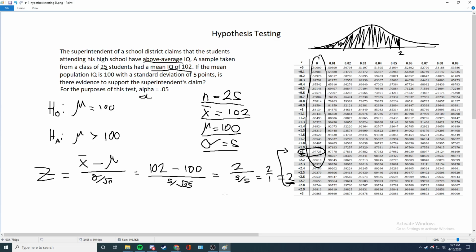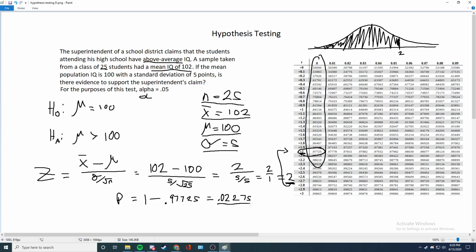The p-value that we're going to be using here comes from 1 minus the value we get in the table. So our p is equal to 1 minus 0.97725, which in this case is 0.02275.